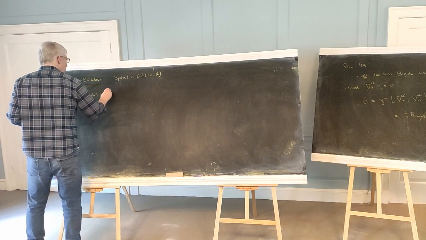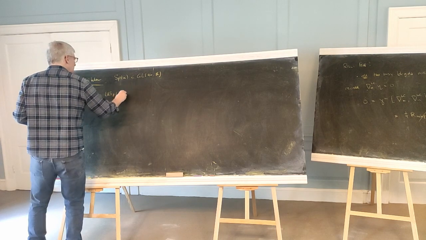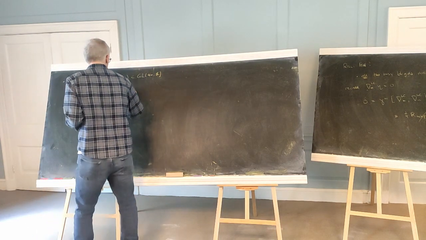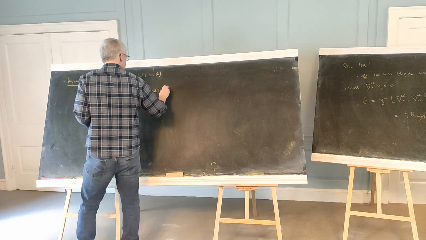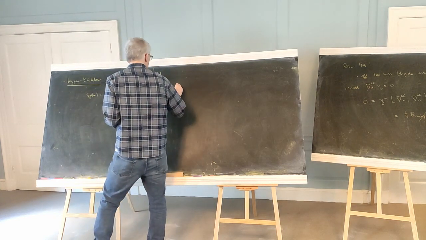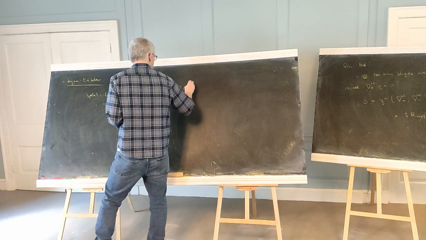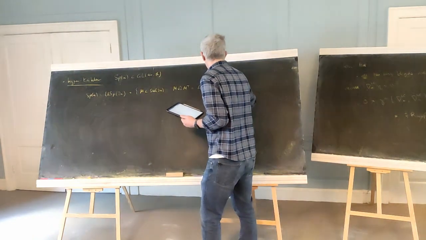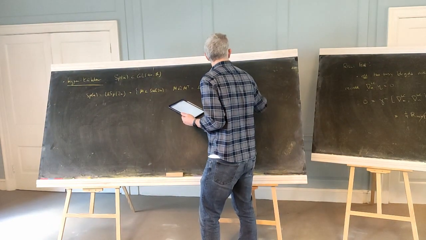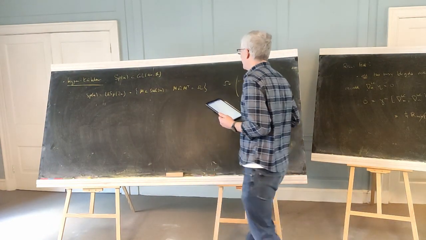This is sometimes called USp(2N), and that's the group of matrices in SU(2N) such that they also preserve some symplectic form, where omega is something like -1, 1, -1, 1. Okay?